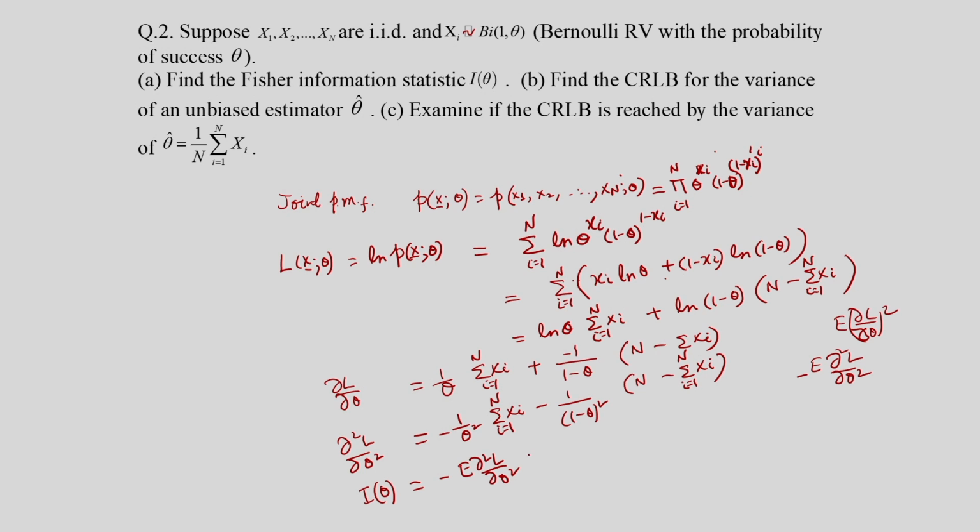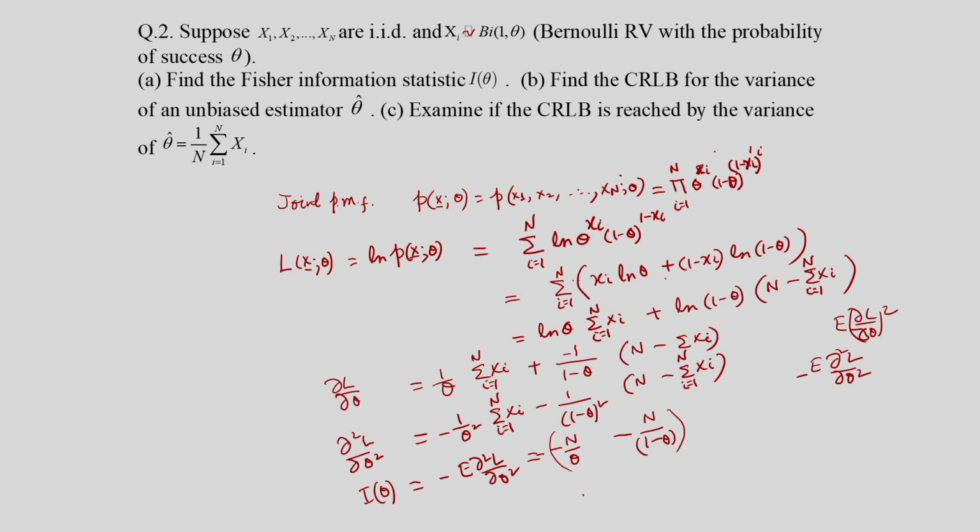So the first term will be n by theta square, and similarly here this will be n minus n theta, so the 1 minus theta term will get cancelled. Here we will simply have n divided by 1 minus theta, and this one is n by theta. So this is the expression, and we also have a minus term, so minus of the entire thing.